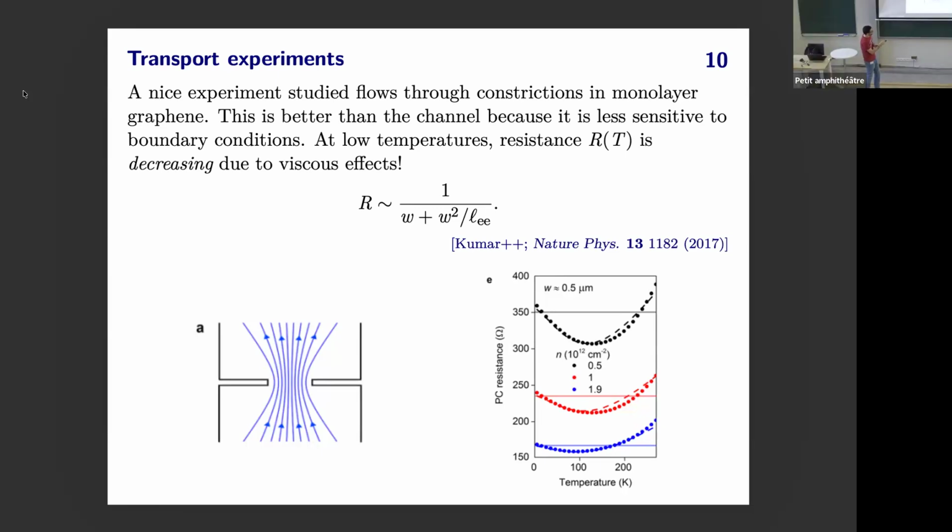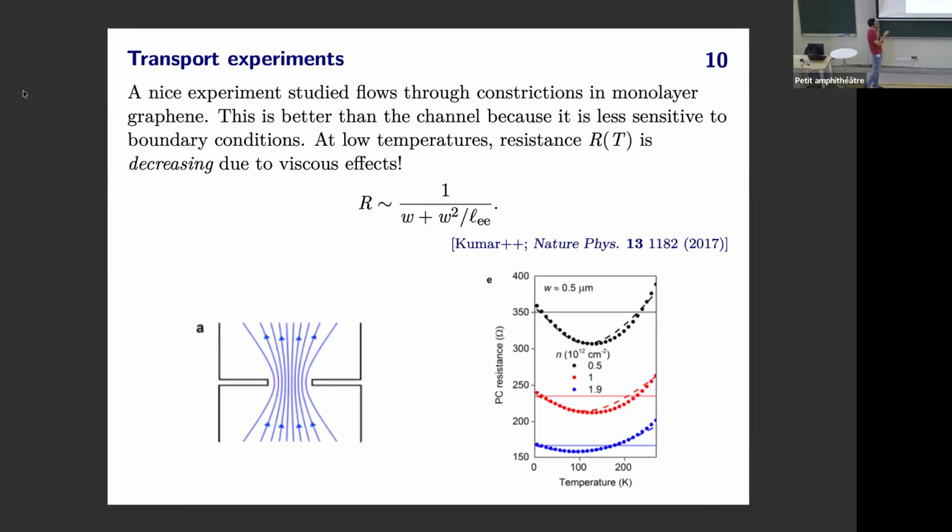The back up here is from the temperature dependence of the momentum relaxation rate. But in this lower temperature regime, you can think of fitting to this kind of crude formula. The resistance of this device should scale roughly as 1 over width. That's the ballistic prediction. And then there's an offset in the denominator, meaning the resistance gets smaller as you heat the system up.